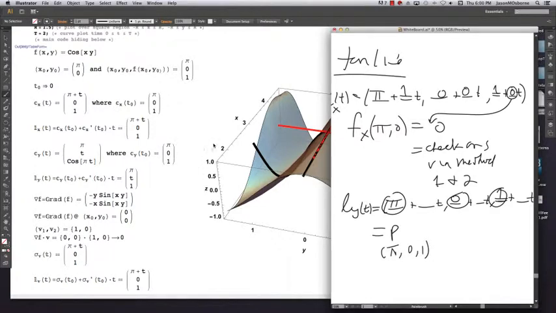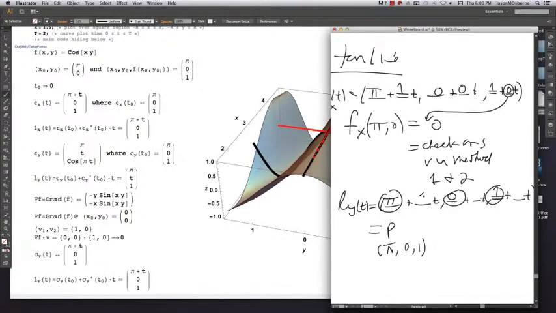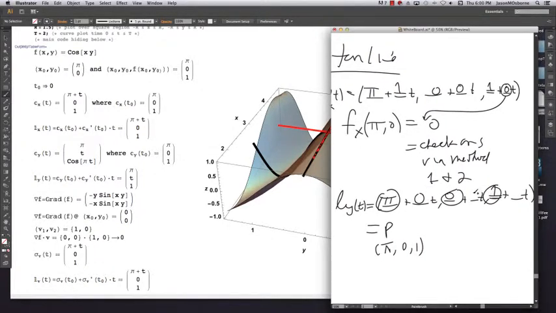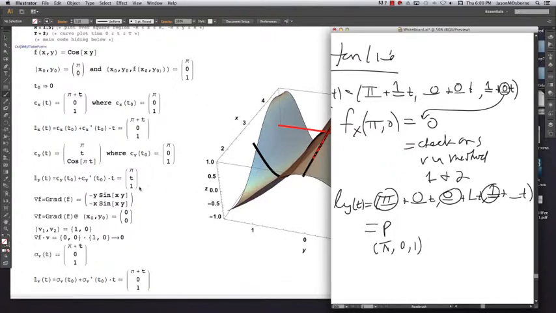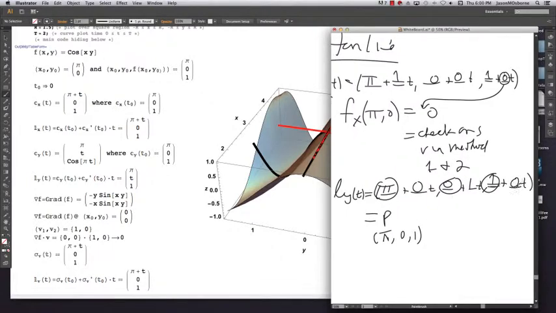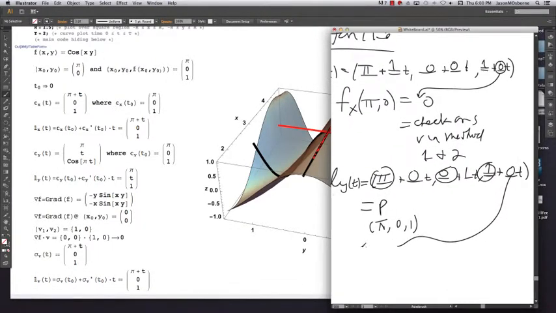You can see that right here. And then its direction vector is 0, 1, and then it looks like we have a 0 for that also. So I think I can see from this 0 right here that the partial derivative of f with respect to y evaluated at pi comma 0 is also 0.